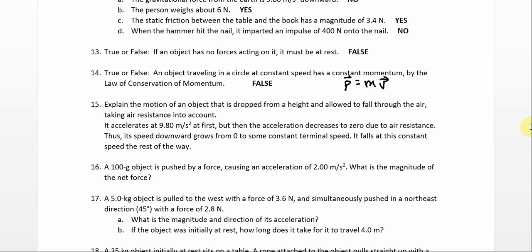Lots of different forces can do it. The tension in a rope could do it, or a normal force, if something's pushing you from behind, could do it. Whatever it is, there is force. And for the law of conservation of momentum, you need an isolated system where the force from the outside is zero. So from a couple standpoints, this is a false statement.